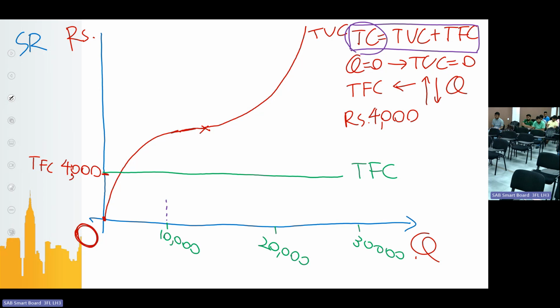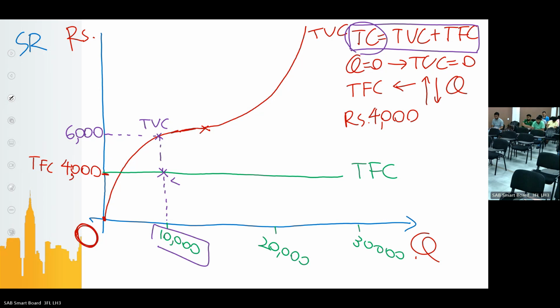At 10,000 rupees, this is total variable cost. Say 6,000. At 10,000 level of output, this is total fixed cost. This is total variable cost at 10,000 units of output.